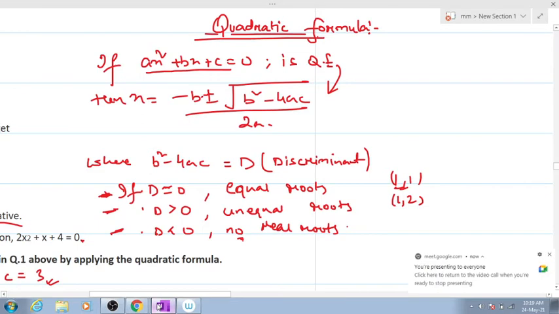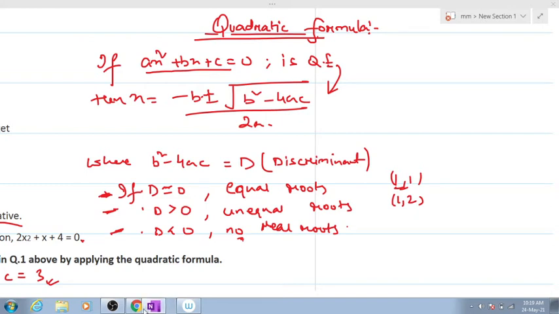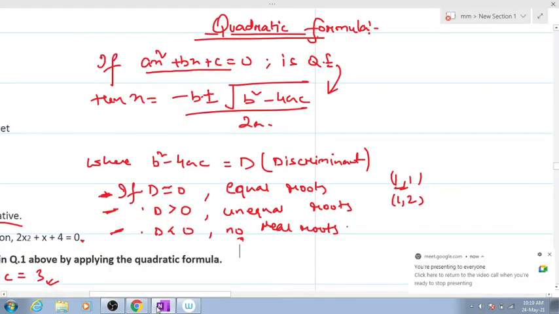Let me know when the copying part is done. Done? Is everybody done with this? Kindly confirm. Okay, copy it up properly.